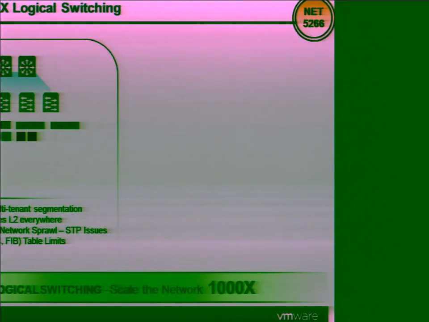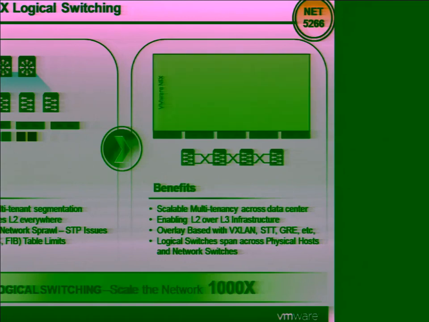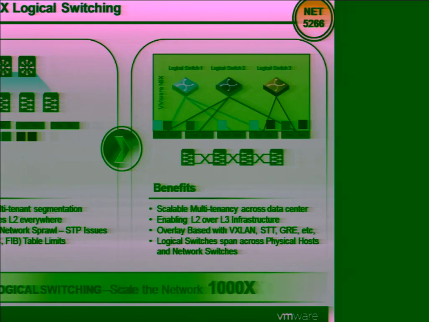So let's take a deeper look into what this actually means. So I'm not going to spend time on the virtues of why we need logical switching, but the basic essence is you can create networks on demand at scale as and when you wish, aligned to your application needs, without touching anything on the physical network.